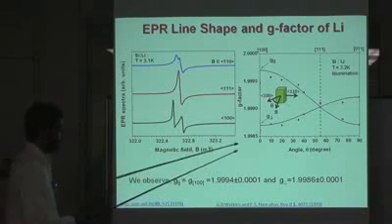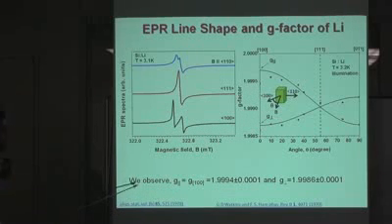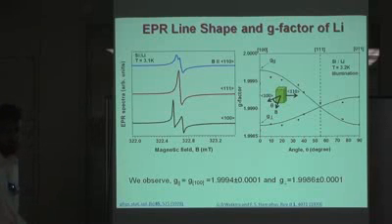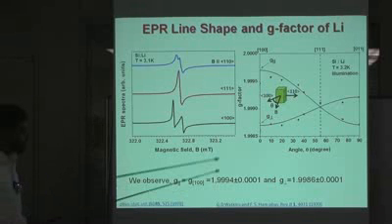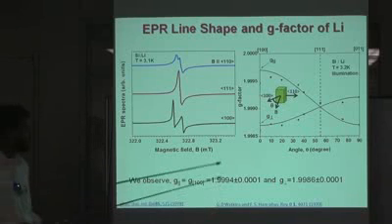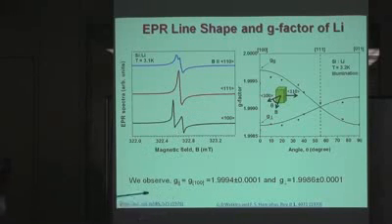We recorded the angular dependence with the help of a reference sample of phosphorus at 3.2 K and under illumination. Illumination is used because phosphorus doesn't show an EPR line at such low temperature, so we have to use illumination to detect the phosphorus EPR line.